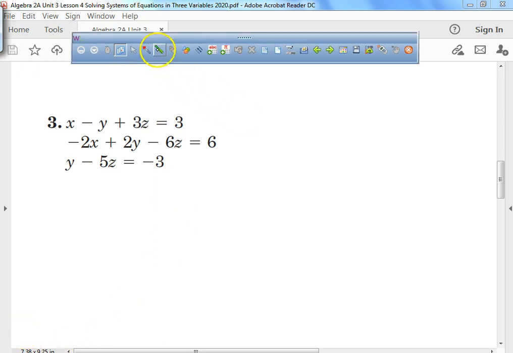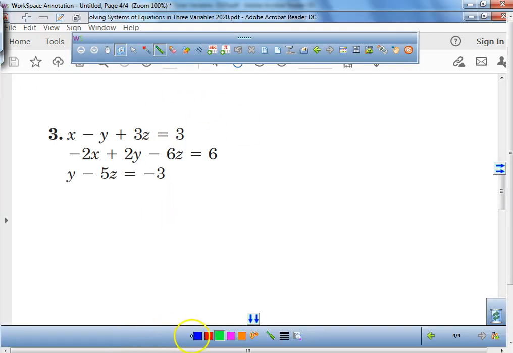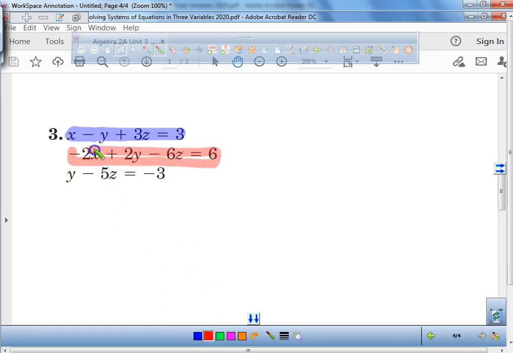All right, what we're going to do right now is set things up the exact same way. We have a blue equation, I call it my first equation. We have a red equation, that's my second equation. And then I have the last one right here. Here's what I would like you to do.